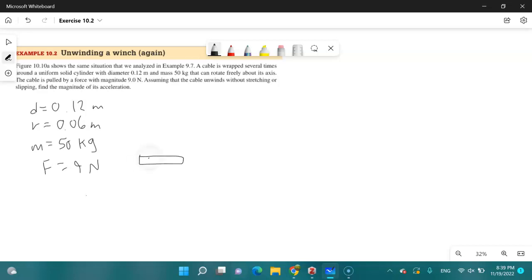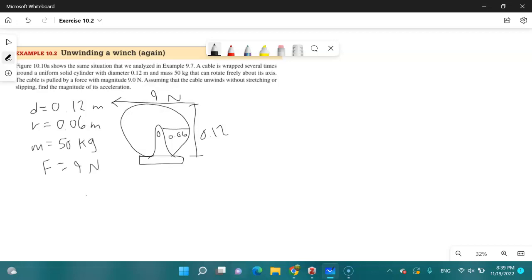We have here the uniform solid cylinder, and then we know that the radius is 0.06, so that's this value, and then the diameter is 0.12 meters, and then the force that is going in the left direction is 9 newtons.